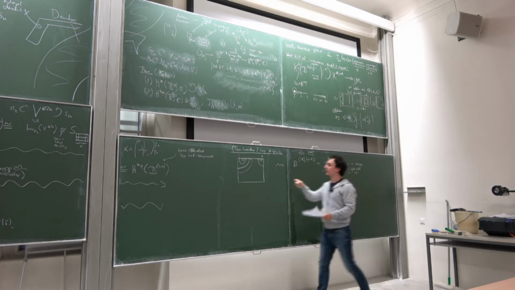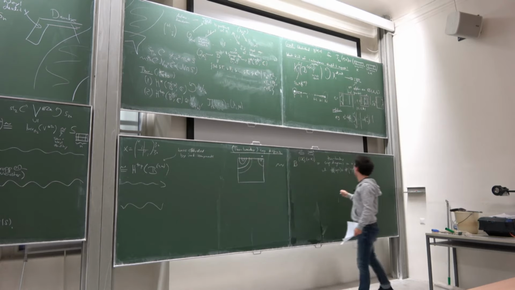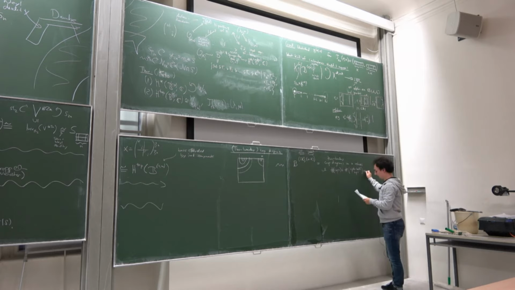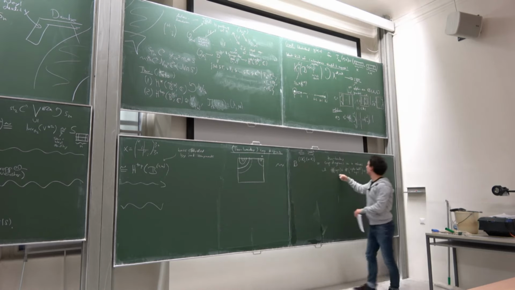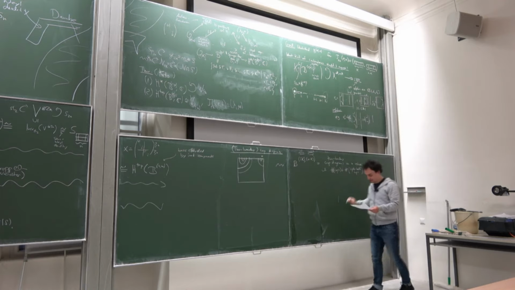A cup is just what it was before, something like this. A half cup is something like this. This one I'm going to call a left half cup, and this one I'm going to call a right half cup. So what you do here is you count the number of cups and the number of right half cups. And if such a cup diagram is inside this set, I want this sum by definition to be n minus k. That's just a definition now.